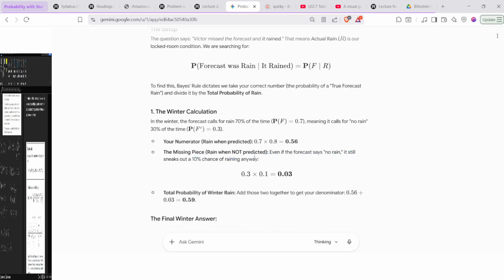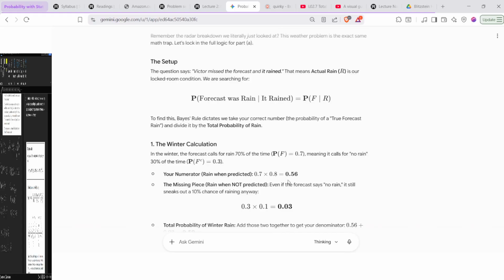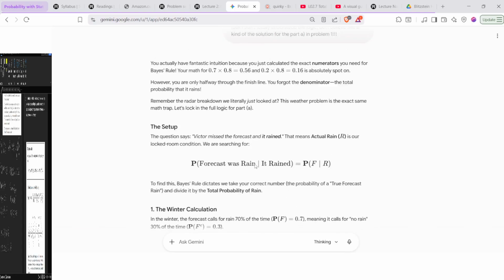When non-predicted... Actual rain, yeah. Forecast was rain. Wait, but this should be first here. This should be on the right. Oh, maybe not.